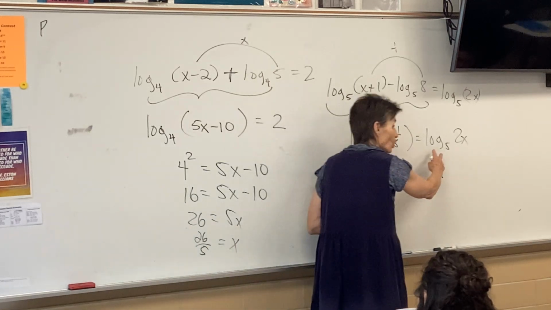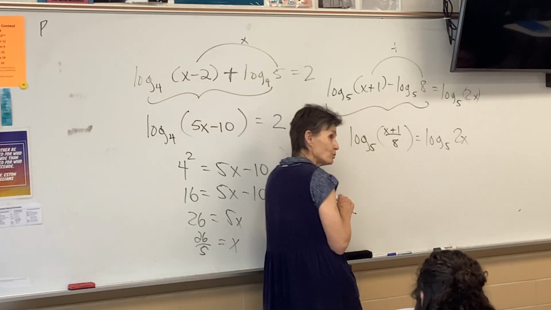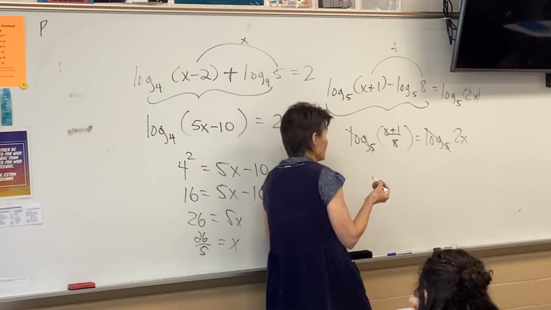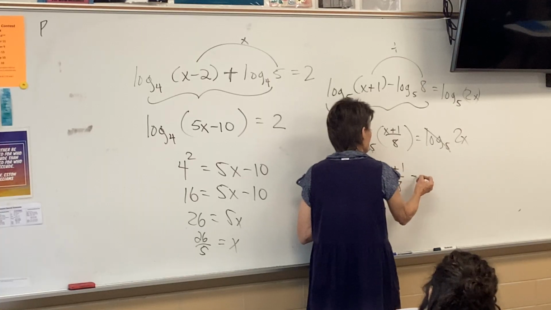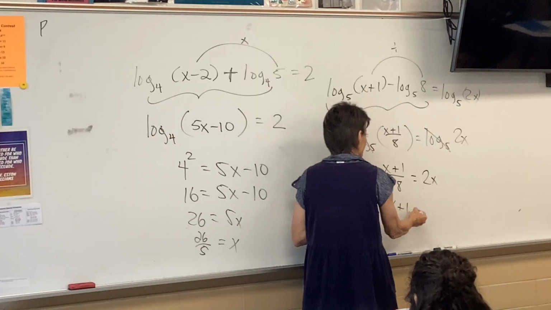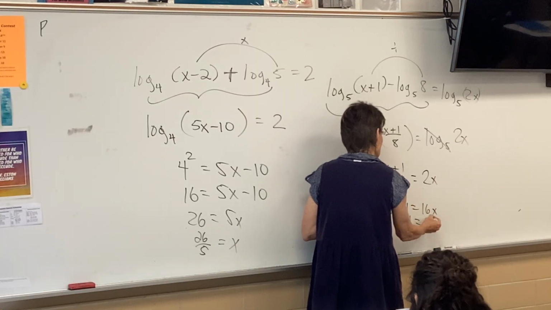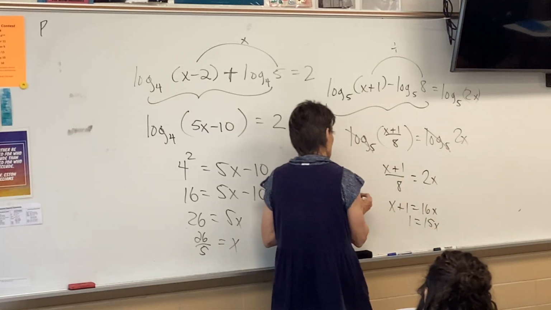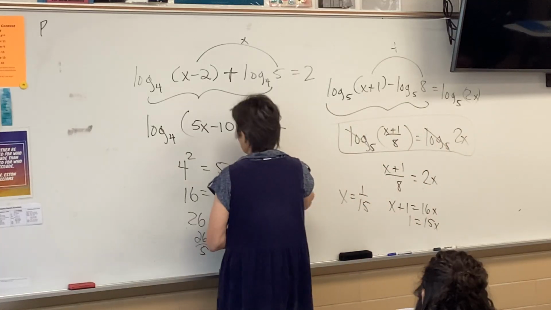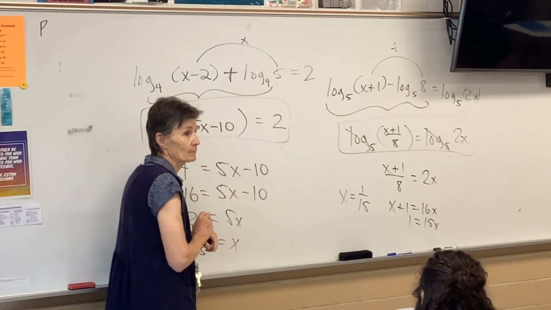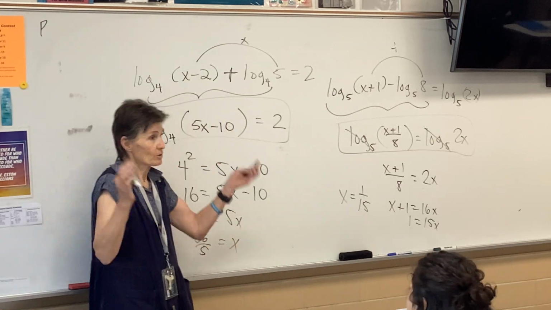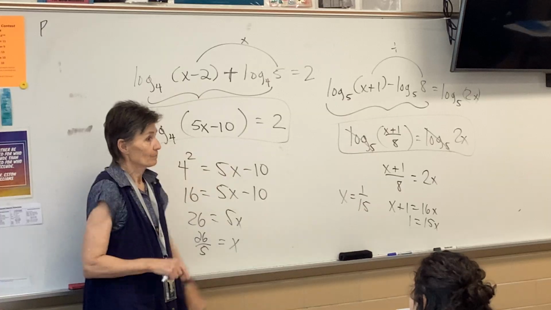This one has another logarithm on the other side. But what are you allowed to do? Now you can get rid of them and solve the resulting equation. So does everybody see the difference between this equation and this one? When there's only one logarithm, you loop-de-loop. When there's a logarithm on each side, you drop them.